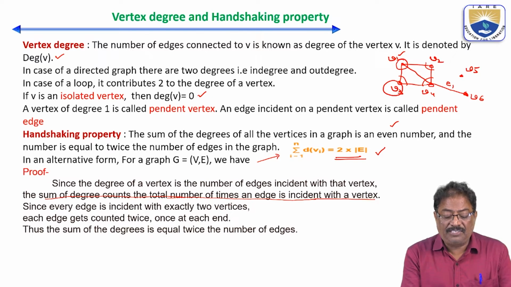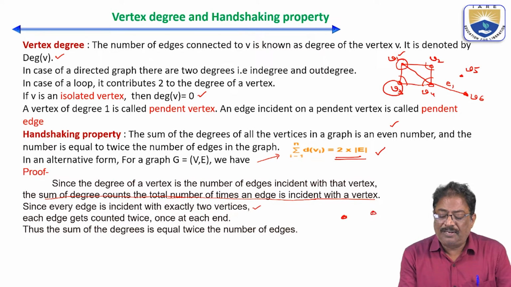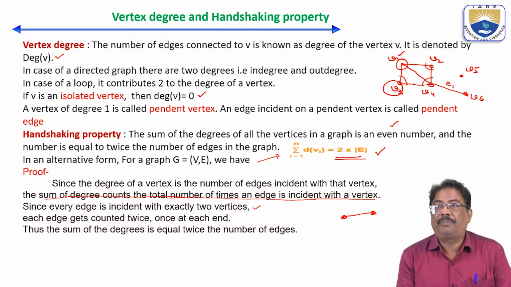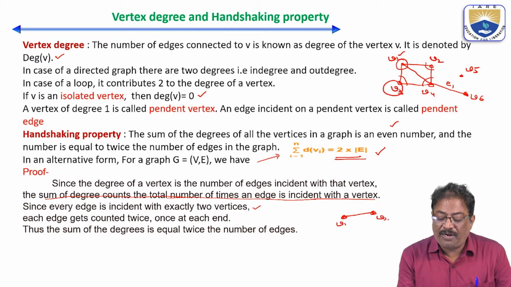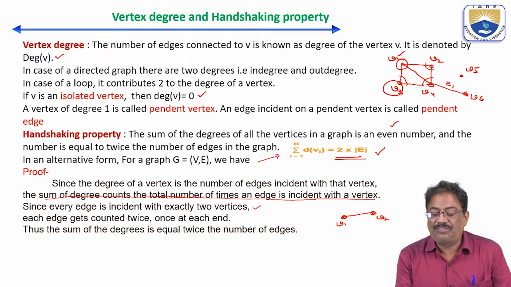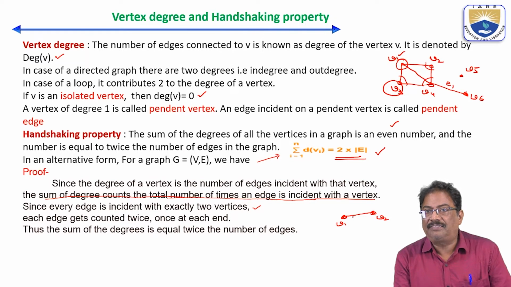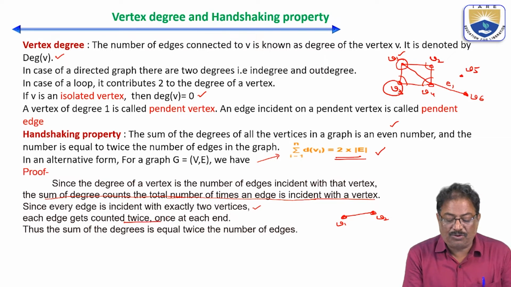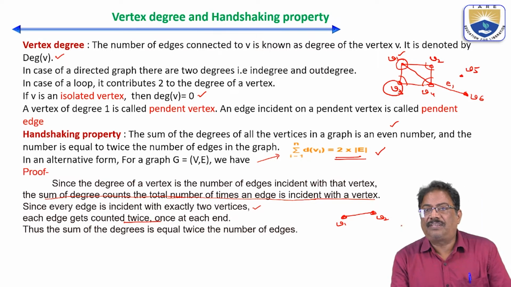Since every edge is incident with exactly two vertices, say an edge moving from V1 to V2, it is incident to V1 and incident to V2. That means each edge is counted twice. So whether the number of edges is odd or even, it is multiplied by two.